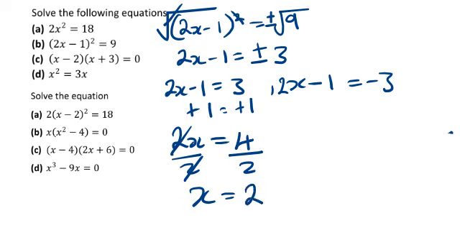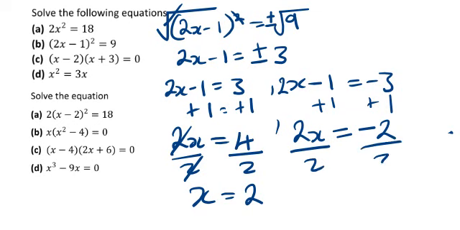And then here you also do the same by adding positive 1. So 2x minus 1 plus 1 is 0, equal to negative 3 plus 1, that is negative 2. And then you divide by 2, therefore you're going to have x equal to negative 1.